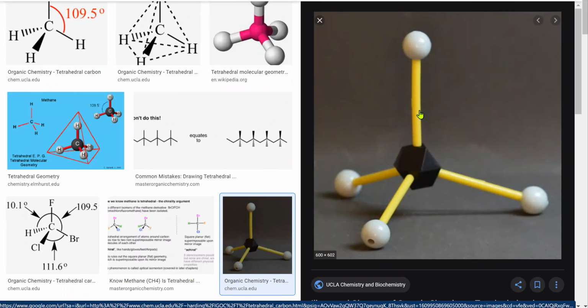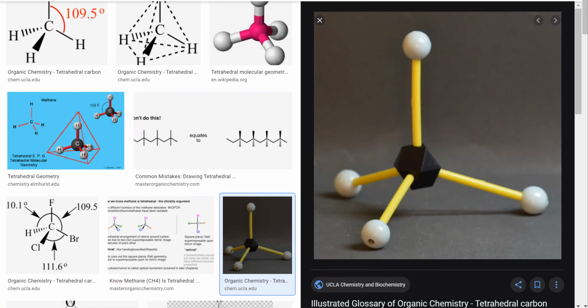If you look at it from the side, this is the three-sided pyramid, and this is the bond sitting on top of the pyramid. If you see it from the front, this is your three-sided pyramid, and this is the bond. No matter which way you rotate it, it has rotational symmetry, which means no matter how you rotate it, it looks exactly the same.